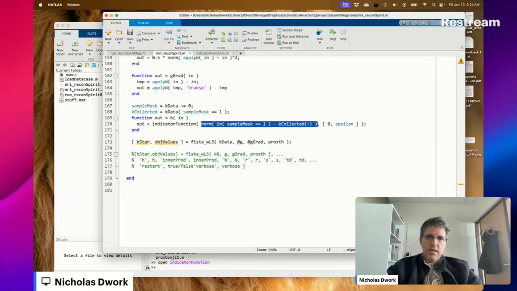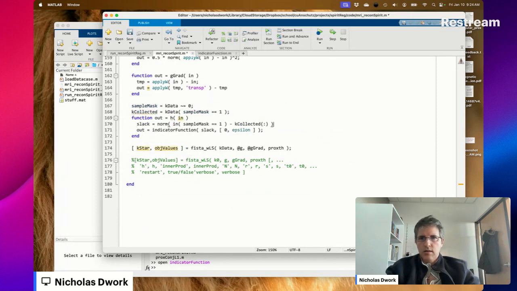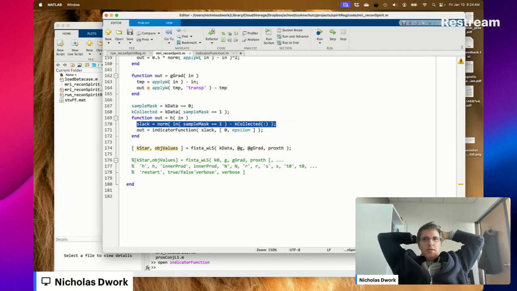What do we call this? Let's call it slack. So if slack is positive, well, slack would actually be like epsilon minus that.